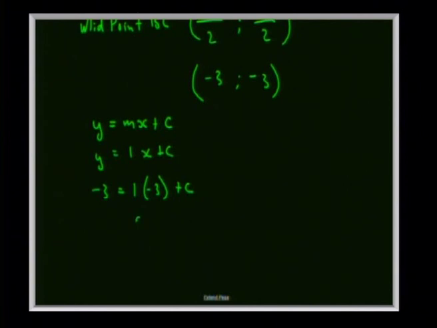Goodness me, our c value turns out to be 0. So what is the equation of the perpendicular bisector? y equals 1x plus 0, or as most of us call it, y is equal to x. Quite a coincidence that I talked about that a few moments ago. Or is it?